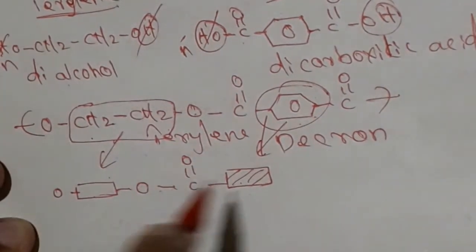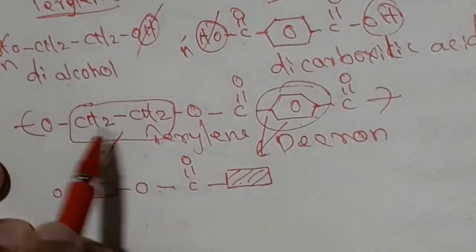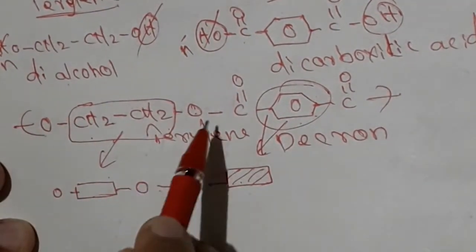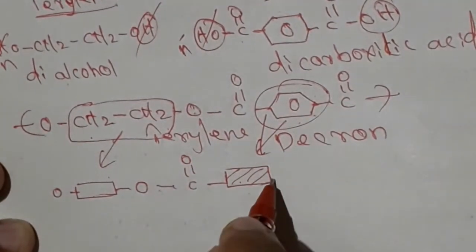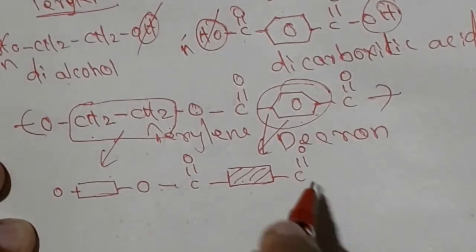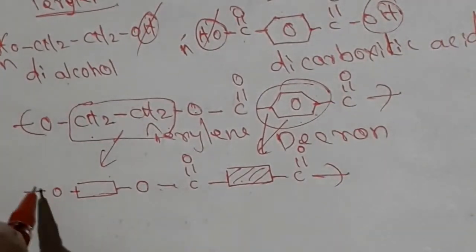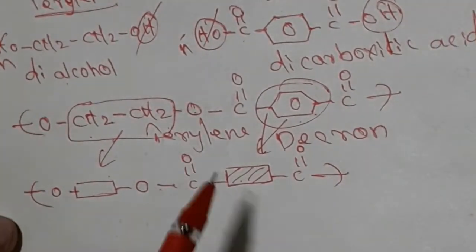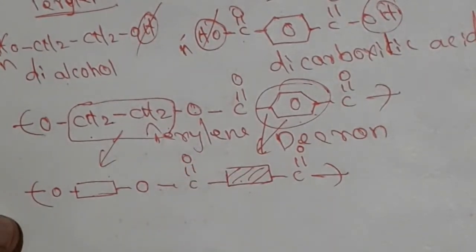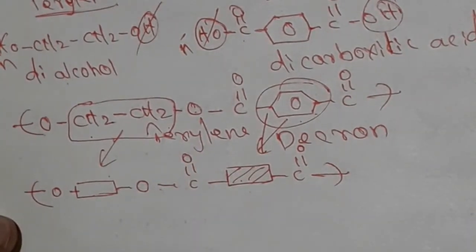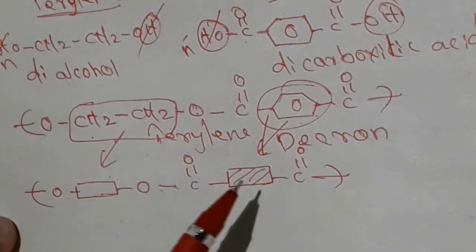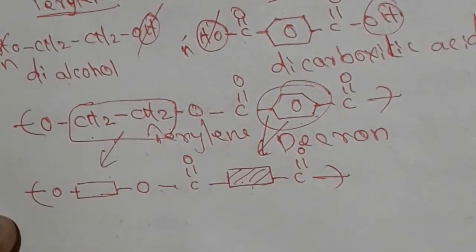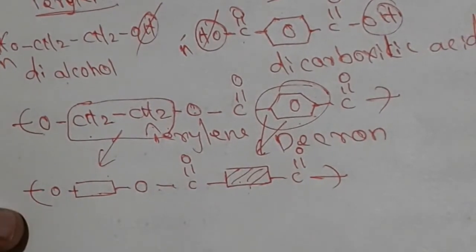So here oxygen, this box, again oxygen, carbon double bond oxygen, another box, then carbon double bond oxygen. So this is another way of representing terylene or Dacron. This box means CH2, another box means benzene ring. You remember this. Clear?